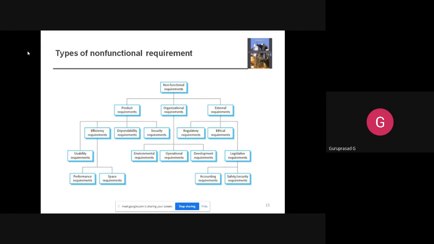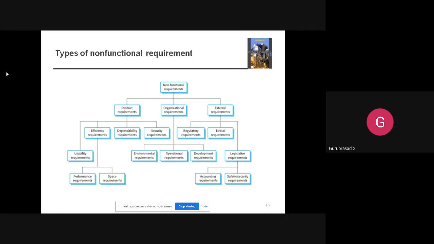Under that you can see so many types of requirements, but what you have to remember is that the product requirements specify or constrain the behavior of the software. The product requirements are related to behavior. When I say behavior, performance is there, dependability is there, efficiency is there, security is there, usability is there, space requirement is there, that is memory. All this becomes part of the product requirement.